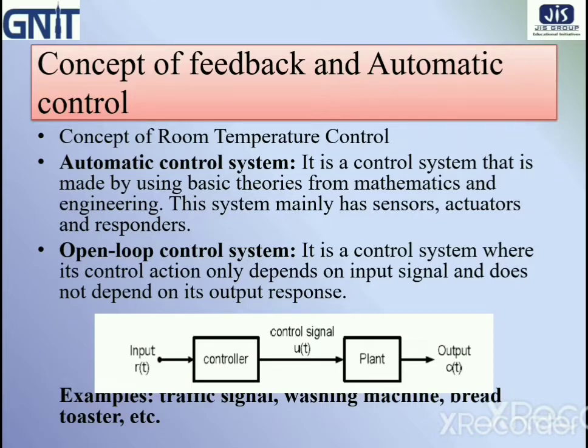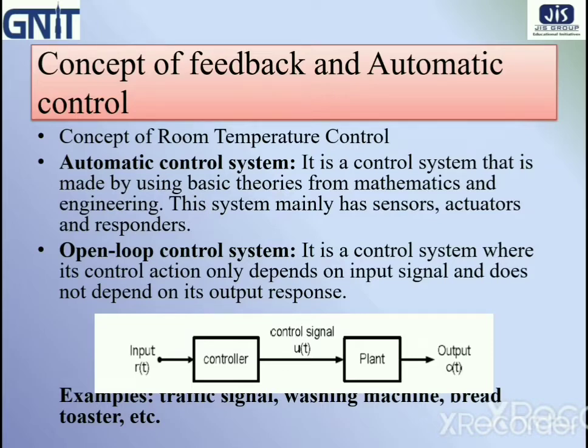Thus the power supply to the appliances is switched on if the room temperature is felt low. If the room temperature is low, then we put on the switch, and if the room temperature is high, then we switch it off. That is one process.